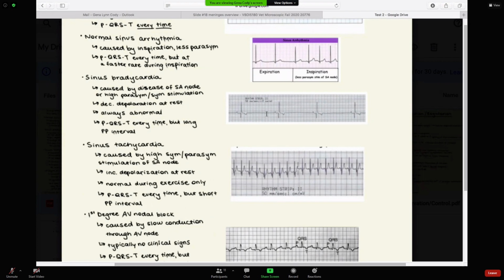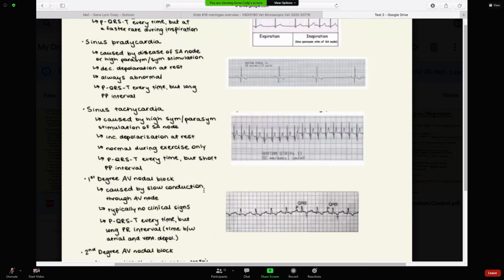My SA node is not functioning as fast as it should be, or I have overactive parasympathetic innervation. So I still have PQRST, but this P to P interval, even though it's not P to P, it's technically T to P, they just call it PP. I don't like that, but whatever, is really long. So again, always abnormal.